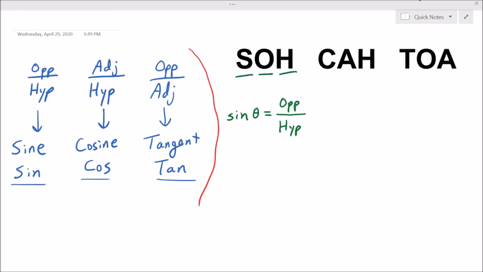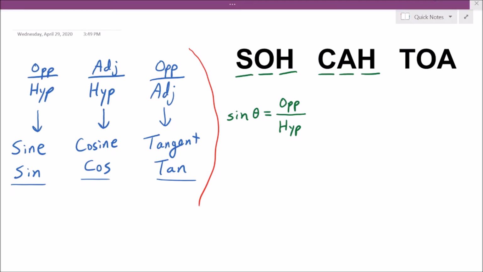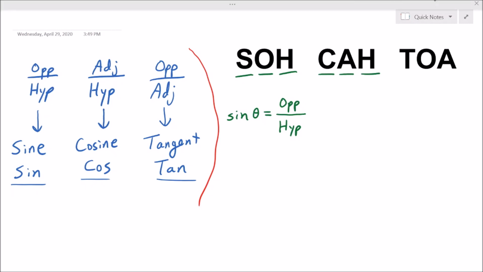What about CAH? That means C for cosine of an angle equals A for adjacent over H on the bottom, hypotenuse. And then finally TOA, T-O-A.